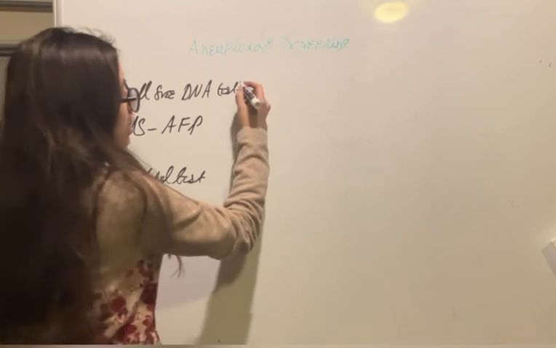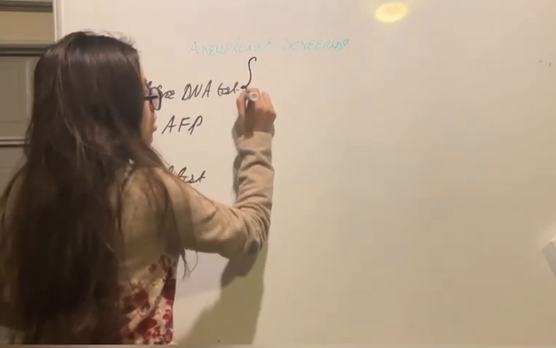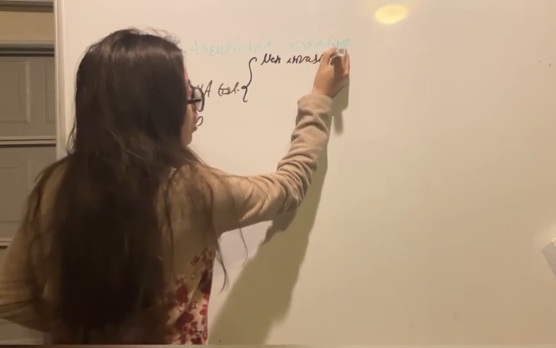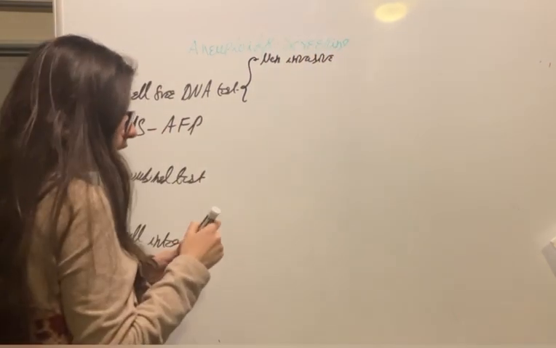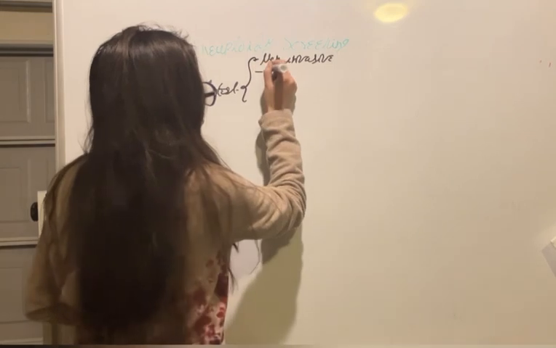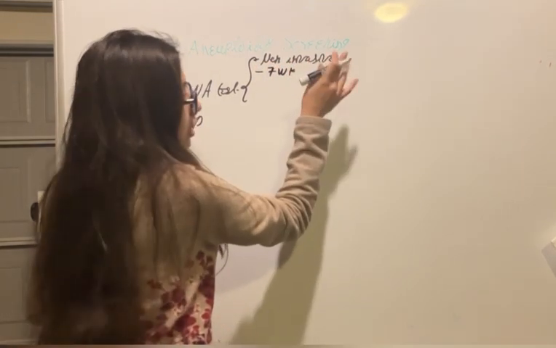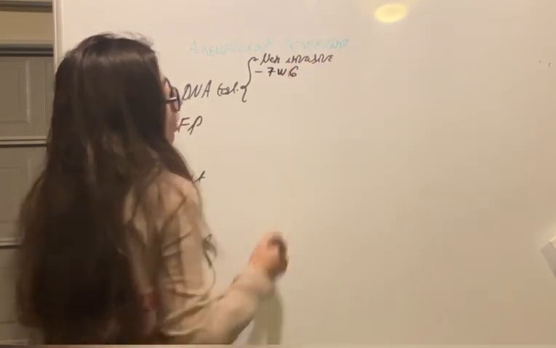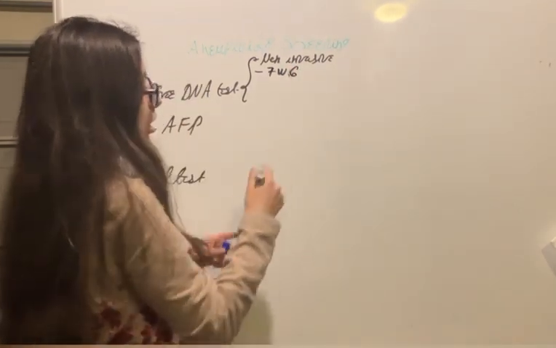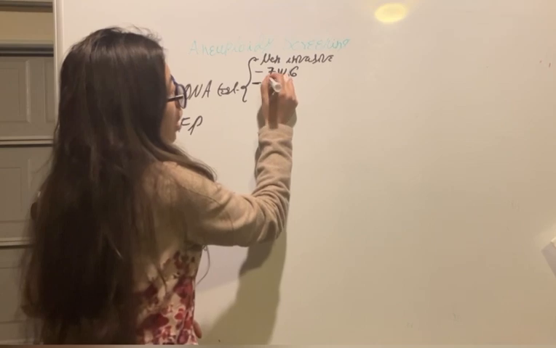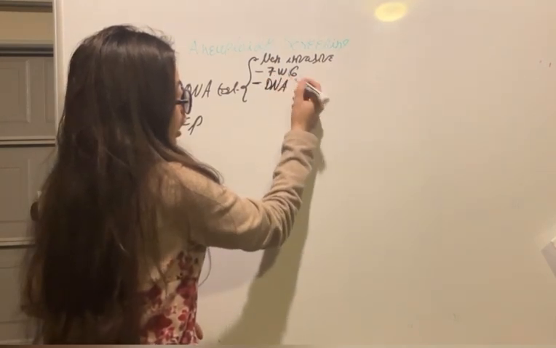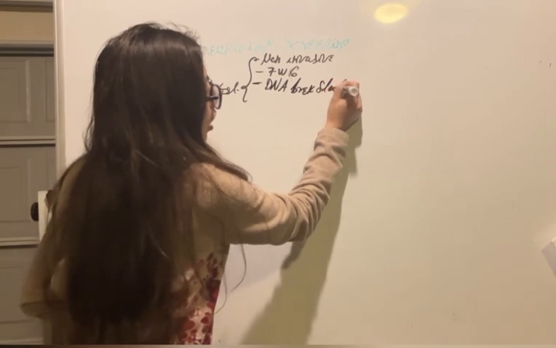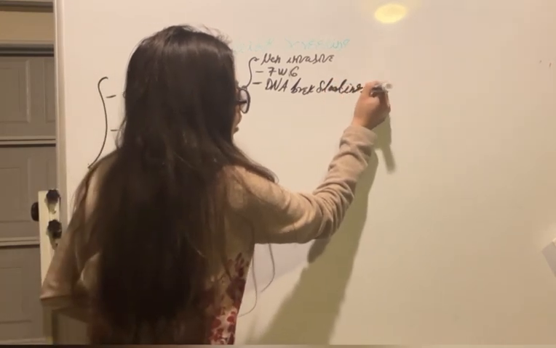Cell-free DNA testing. This is a non-invasive test which we can do around 7 weeks gestation or after 7 weeks gestation. Here what is done is we take DNA breaks that are floating in maternal serum.